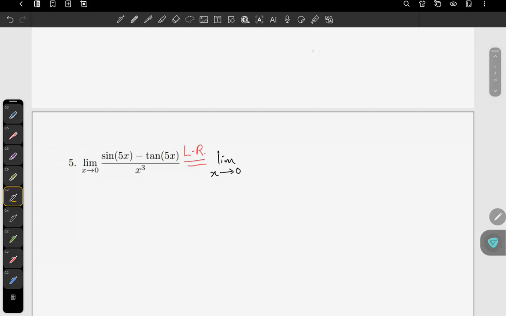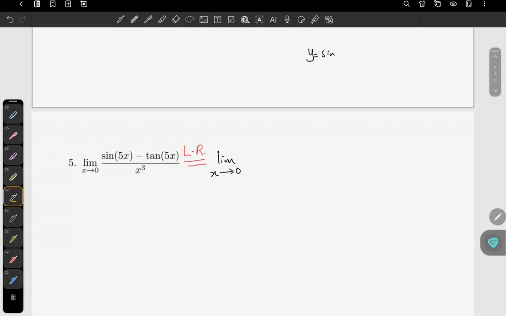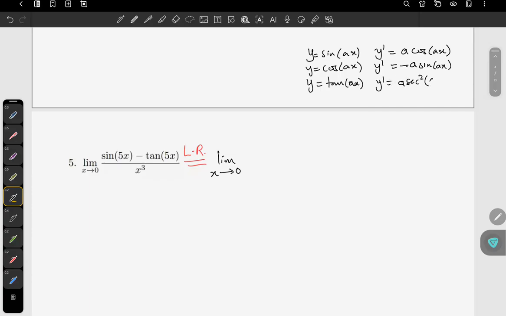Again, let's remind ourselves, if y equals sine ax, the derivative of that is a cos ax. If y equals cos ax, the derivative is negative a sine ax. And if y equals tan ax, the derivative is a sec squared ax.